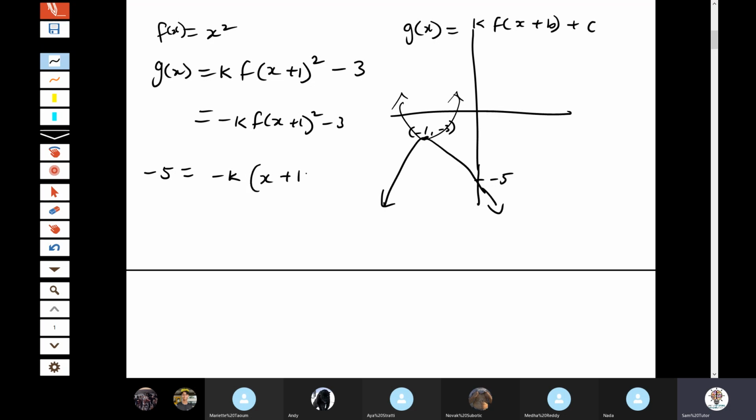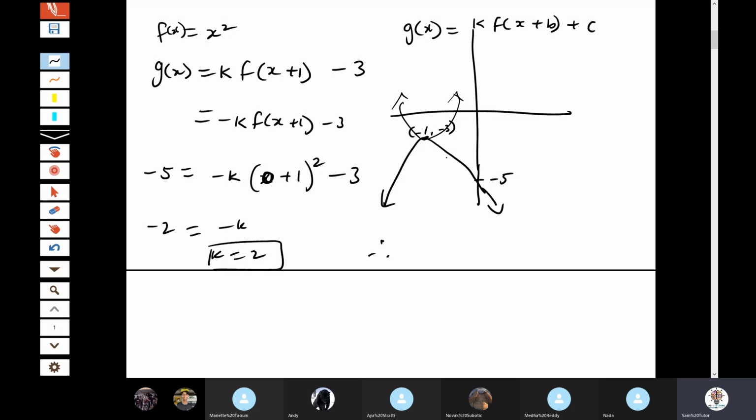What, did I just square this? What am I doing? It's f of x plus 1, and f of x plus 1 is x plus 1 squared. So sorry, x plus 1 squared minus 3. That's better. X is 0, plus the 3, and I think you guys can see k becomes 2.